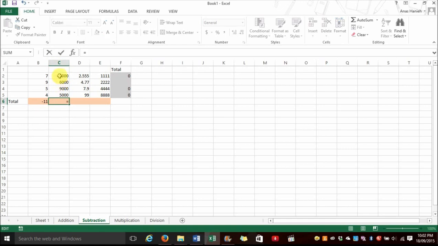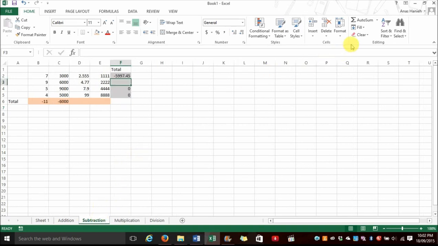So equal sign 3000 minus 9,000. It's going to be a negative number, so minus 6,000. Now, we can do this method here as well. So equal sign 2.555 minus 6,000, and here we are. We have our answer.